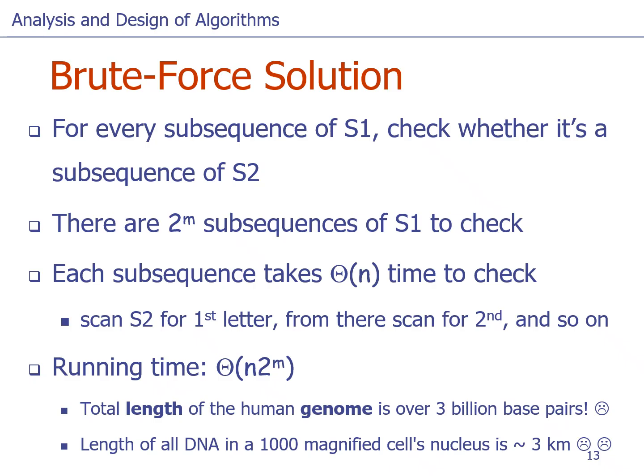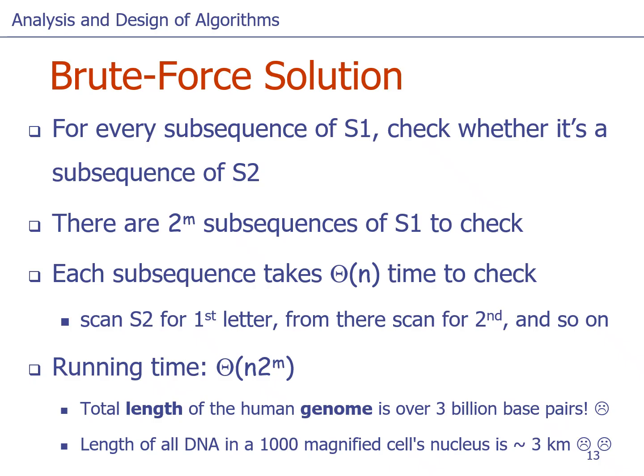It's basically 2 to the m. That's like a ridiculous number. So if we're talking about a string S1 that has 32 letters, that's 2 to the 32 subsequences. So there will be the subsequence of 32 letters, and the subsequence of 31 letters, and the subsequence of 30 and 29 and 28 all the way till 1.